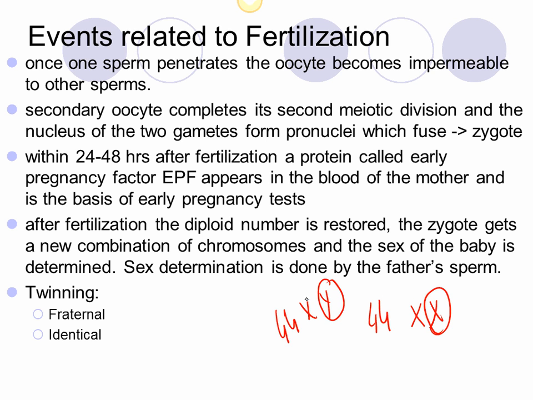So he could have a Y sperm or he could have an X sperm. So if the X and X meet, what will happen? It will be a baby girl. If the Y and X meet, then it will be a boy. So the sex is determined at fertilization, and the father's sperm is the one. So the father is the one who actually determines the sex of the child.